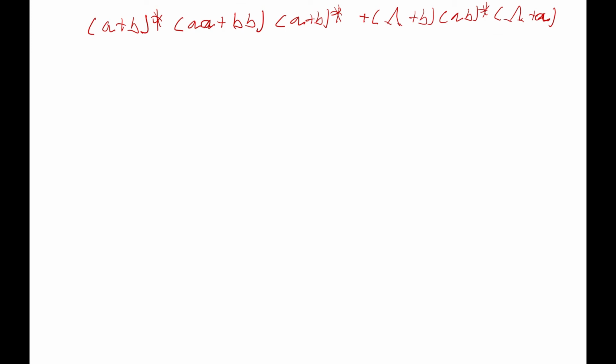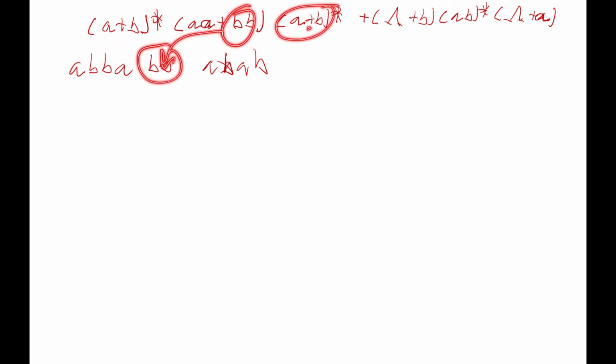We can come up with some examples: A, B, B, A, and then we'll choose two B's to be that, and then A, B, A, B. So this part was generated by that. This guy comes down there, and then this generates the AB.